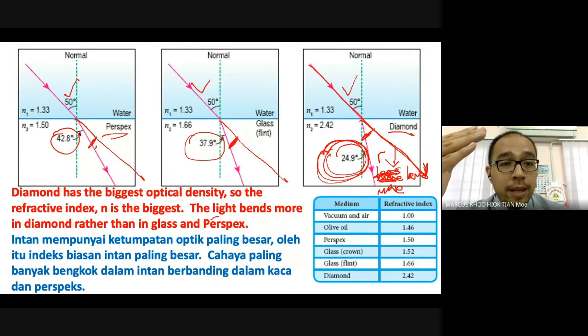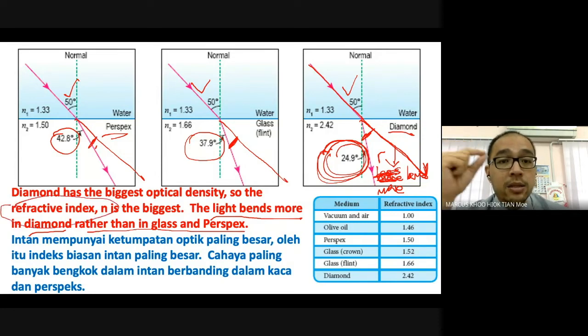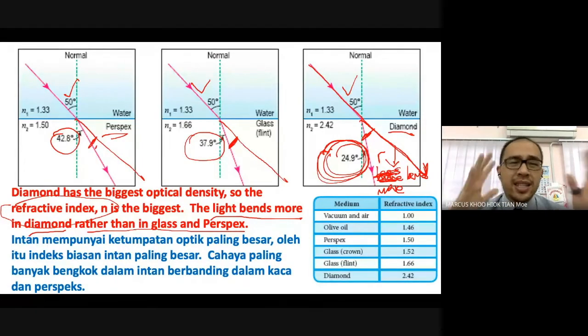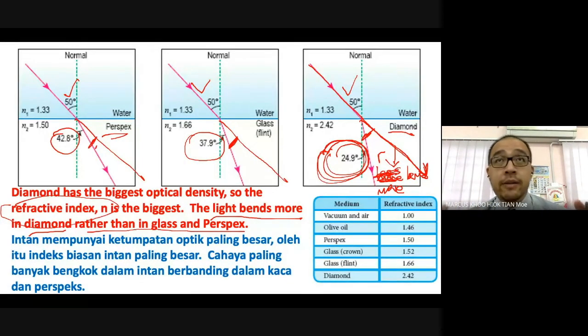So the light bends more in diamond than in glass than in perspex because of the biggest refractive index. N is the biggest in diamond. That's why the bend is more, and when we say bend is more it means the refractive angle is smaller. A lot of things that we have to think about in this chapter.